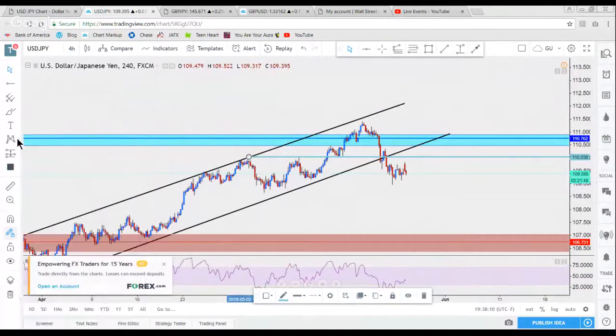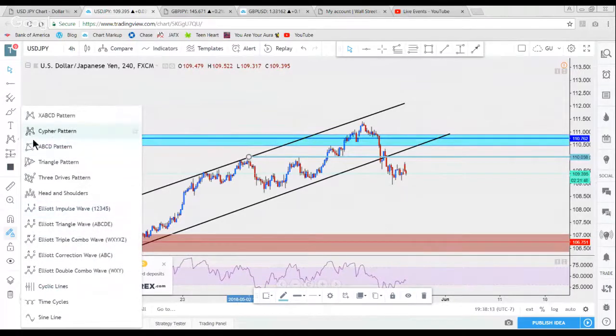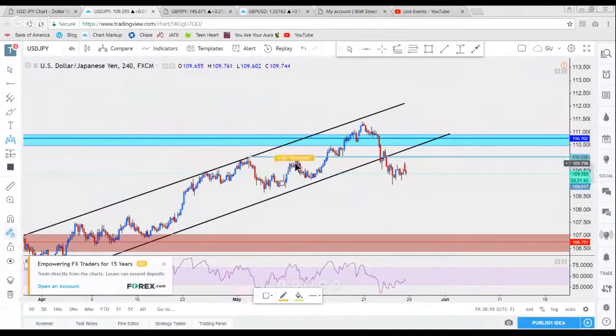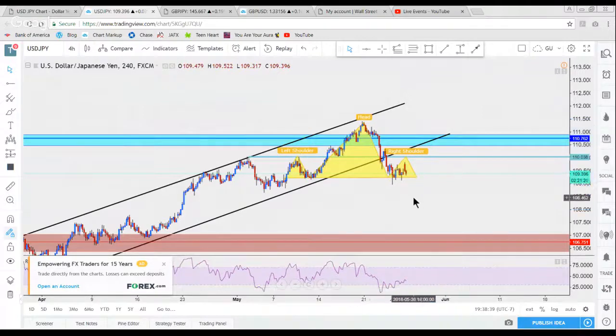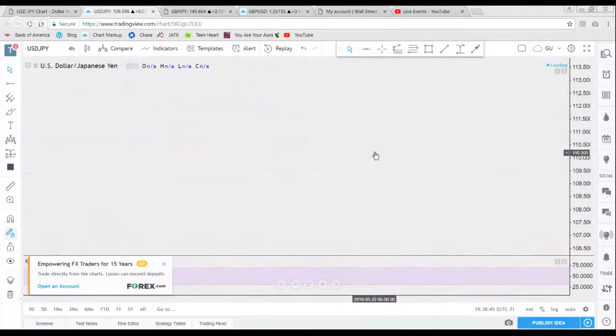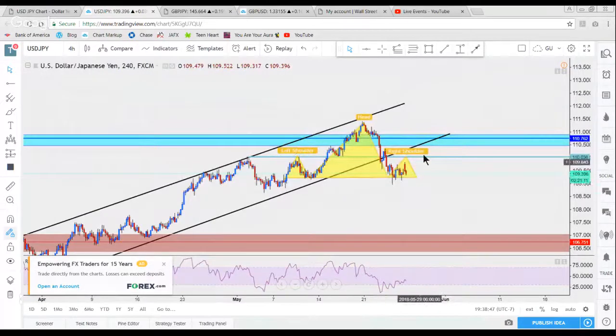So let's just say we do this, right? We make that right shoulder. That would be a good head and shoulders, right? Because we're touching the same area. So it looks like UJ is trying to form, or could possibly form, a head and shoulders.